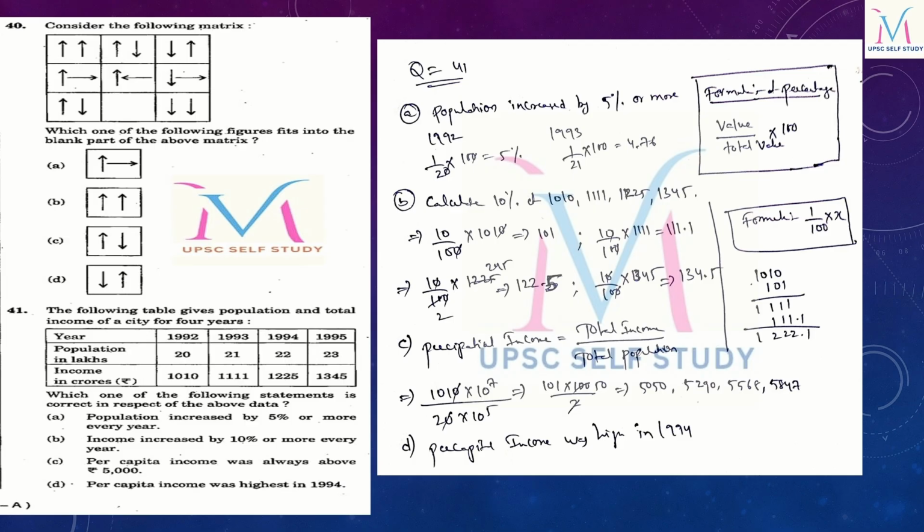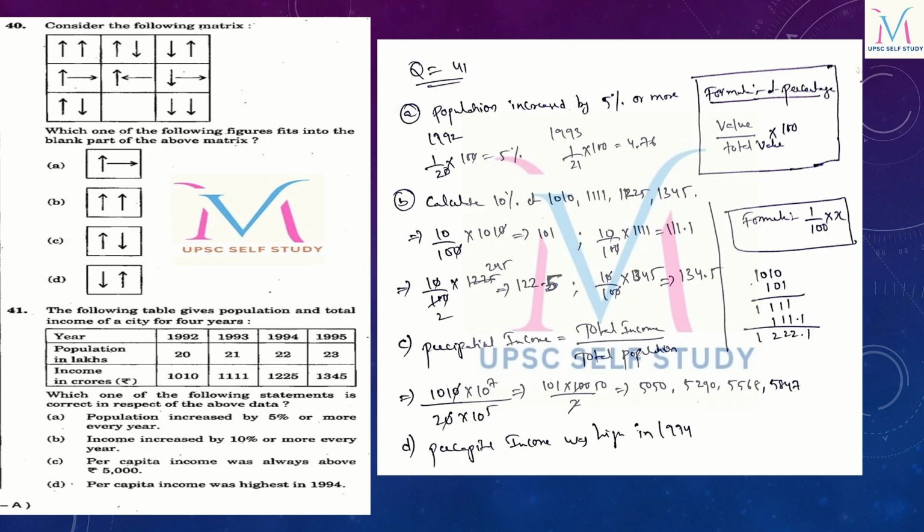I am writing this as crores into 10 power 7. Instead of putting all the zeros, I have just written it in a simple form as 10 power 7. And now the population is 20 lakhs. Actually you would write 20 lakhs, but to make it simple, 20 into 10 power 5.